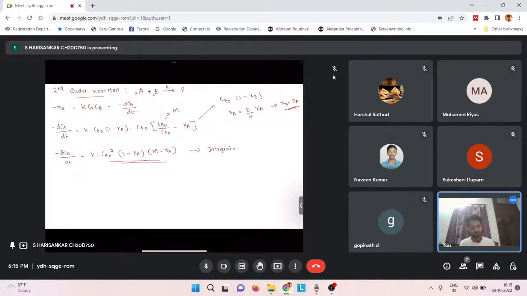And if you integrate this, finally you will get an equation: ln of M minus XA by M into 1 minus XA is equal to k CA0 into M minus 1 into t. So this is the final equation after you integrate this by parts.